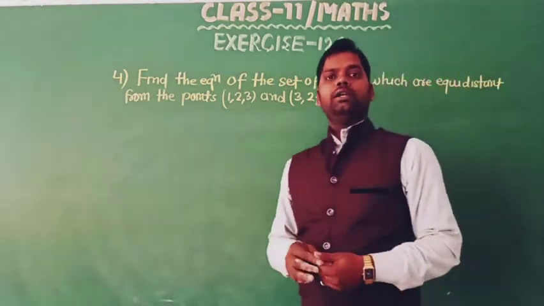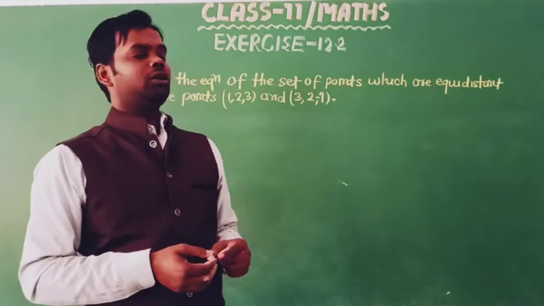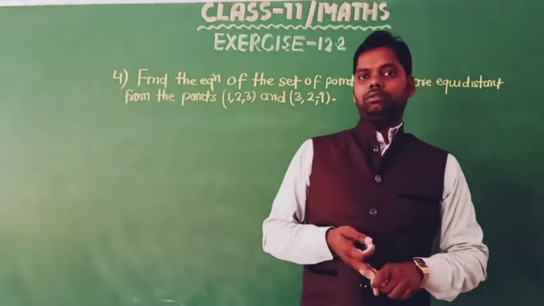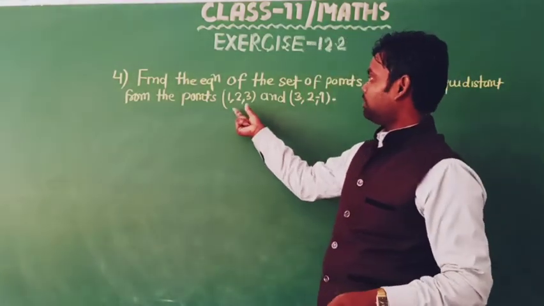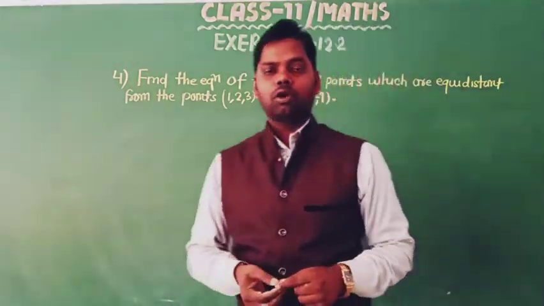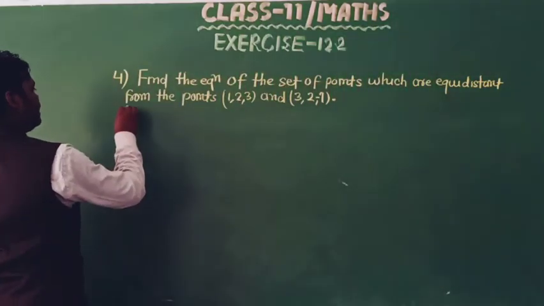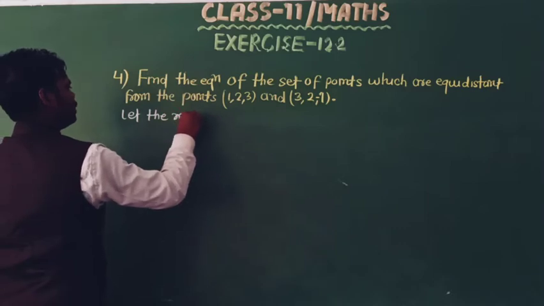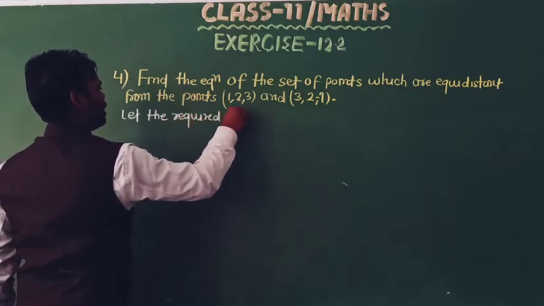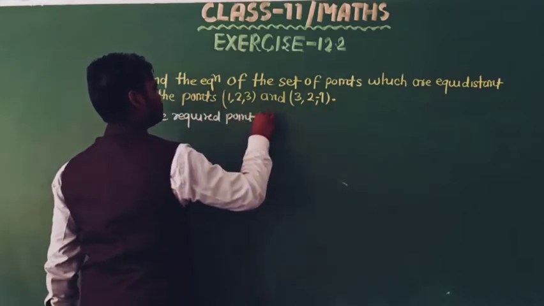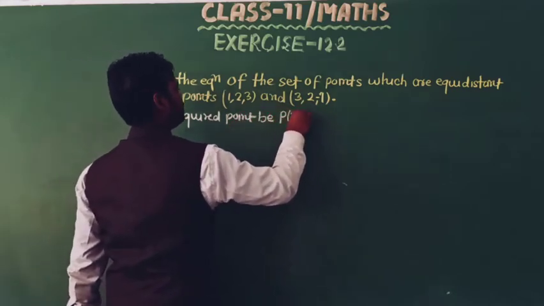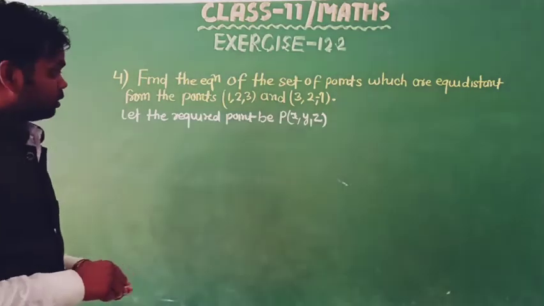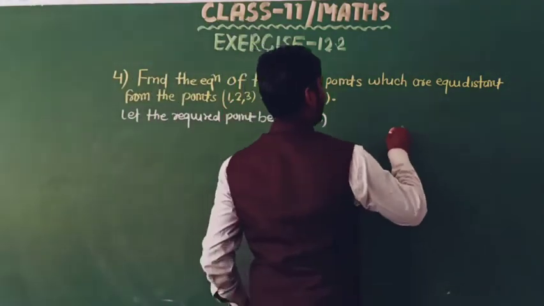First, let the required point be P, whose coordinates are (x, y, z), which is equidistant from the given 2 points.